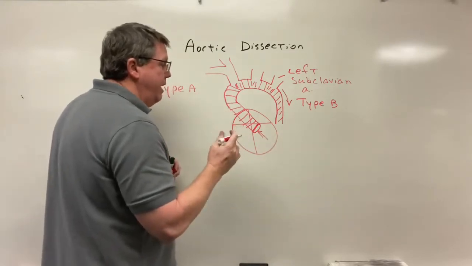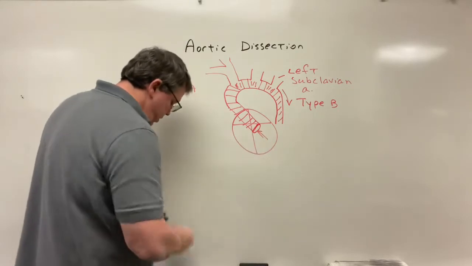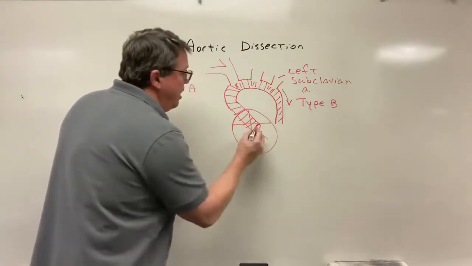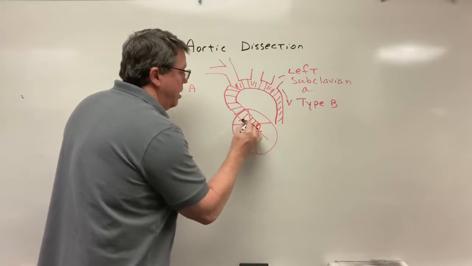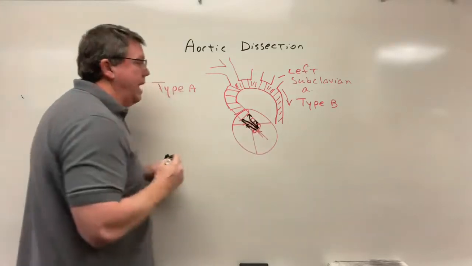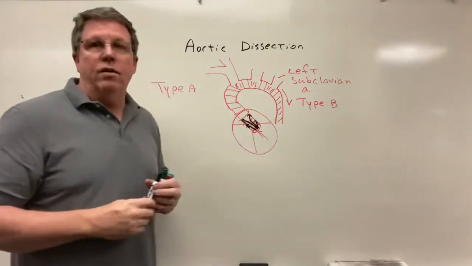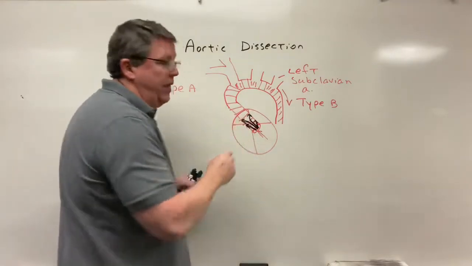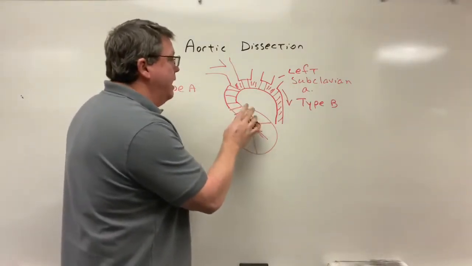What happens in aortic dissection is that as the ventricle pumps, the blood hits the blood vessels on the aorta as it comes out. Over time, we can actually cause damage to the lining of the aorta, which we'll talk about in just a minute. And so that's what's going to happen in aortic dissection.